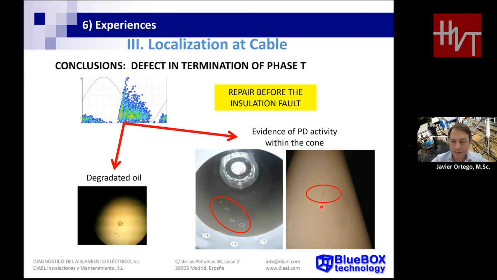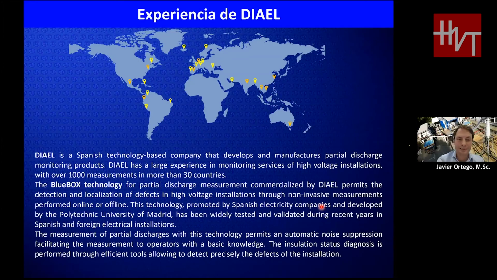So these are the different experiences. The IL has been collecting continuous monitoring experience since before creating the IL in the university. In 2006, we were developing this technology. So we started to monitor our first 220 kV installation in 2007, and we have been monitoring the same installation until now with the same instrumentation.